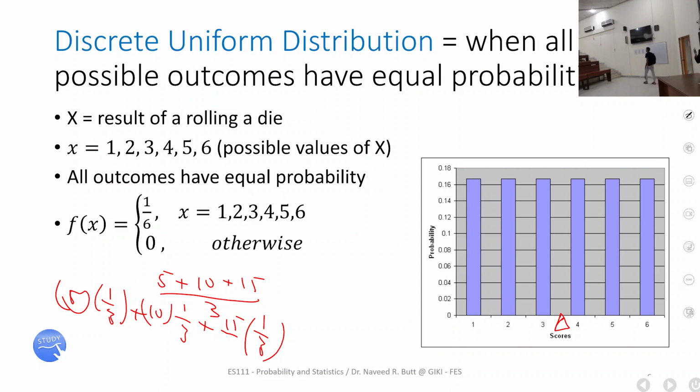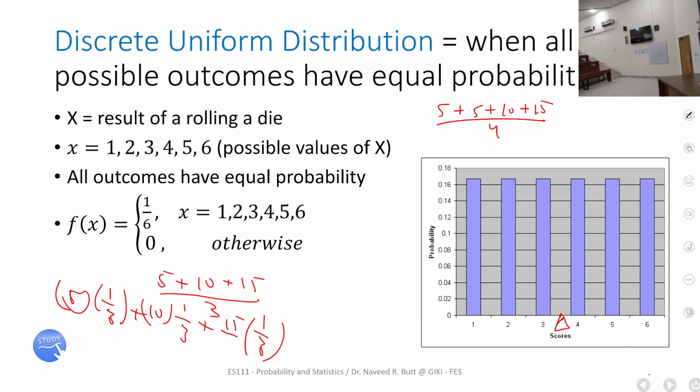You have 4 numbers. But notice what you did. You said, okay, I will do 5 plus 5 plus 10 plus 15, and I will divide it by 4. That's what you did. But notice, by assigning equal probability to each of these, you actually assign double probability to 5. Why is that?